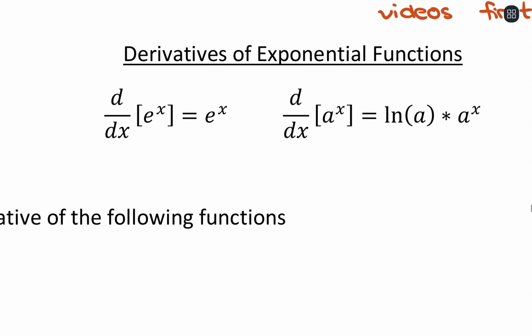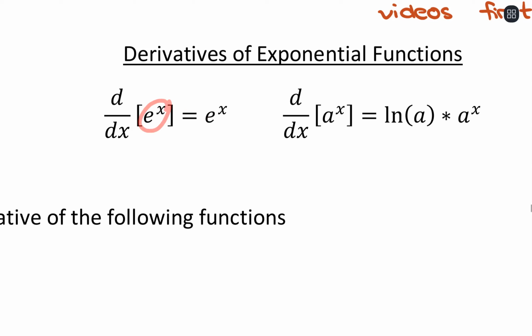So e is just a number, but it's a special number that comes up with this idea of continuously compounding. But basically it's a number raised to an exponent of x, but it's a very special one because whenever we take the derivative of e to the x, we're just left with our original function, which is so nice.